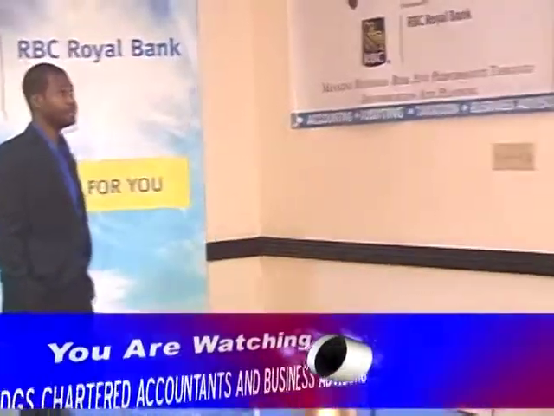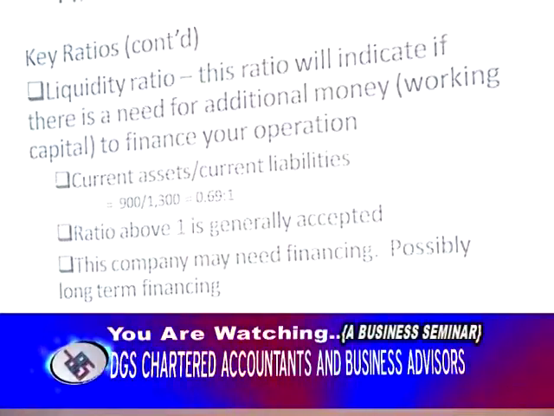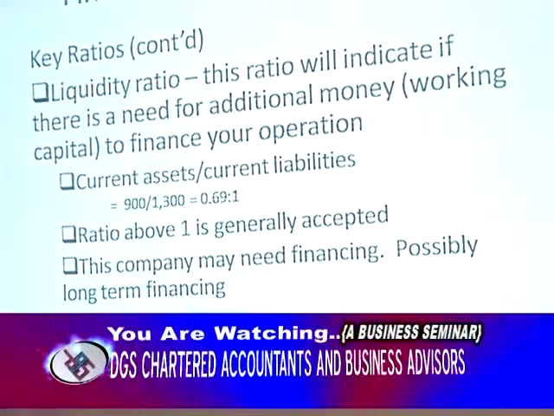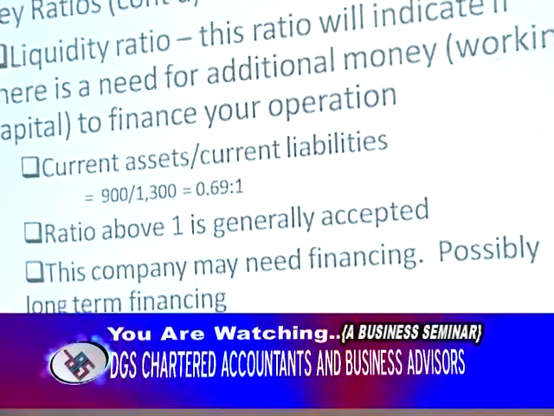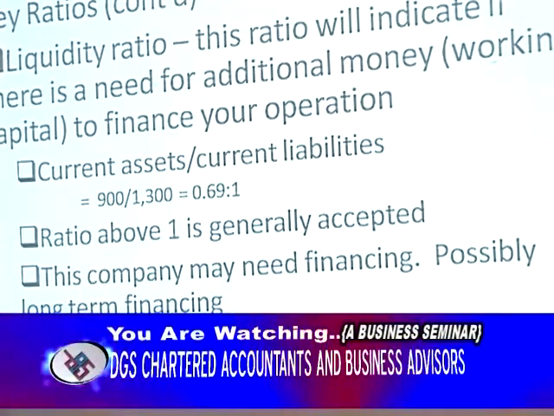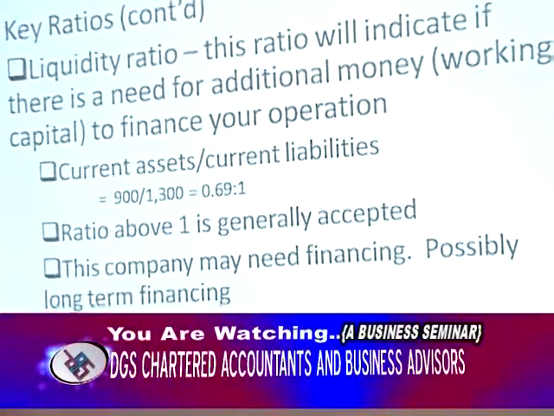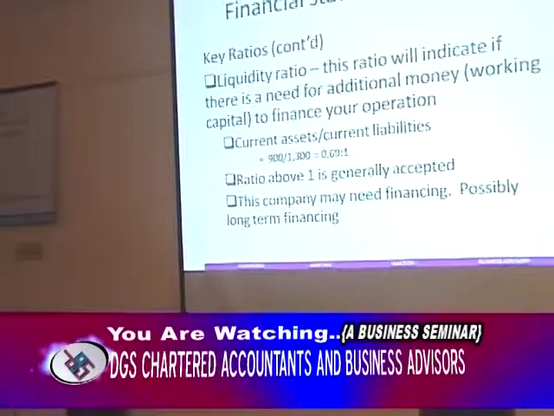Now, the liquidity ratio, which is very, very important. This ratio will indicate if there is a need for additional money or working capital to finance your operation. It is calculated by the current assets divided by the current liabilities. In the example that we look at in terms of the balance sheet, we realize that the current ratio is 0.69 to 1.